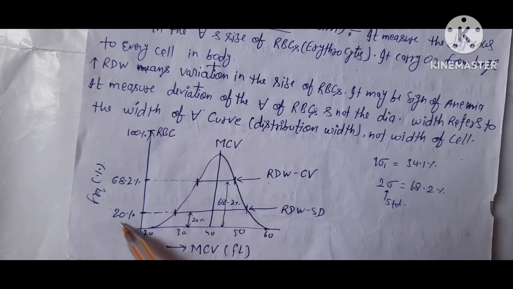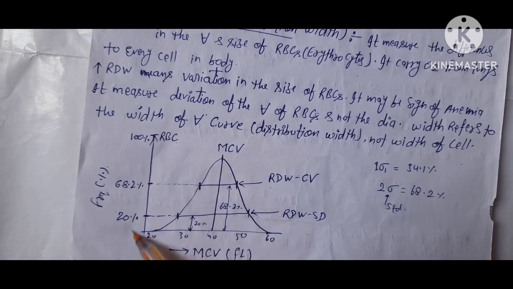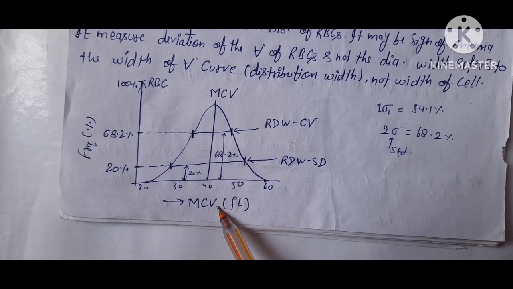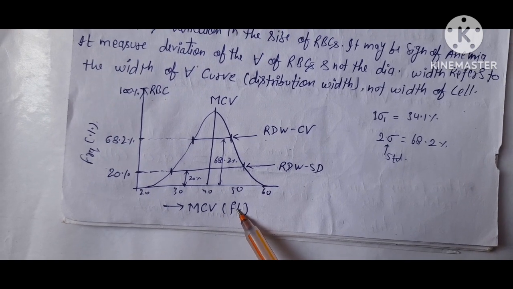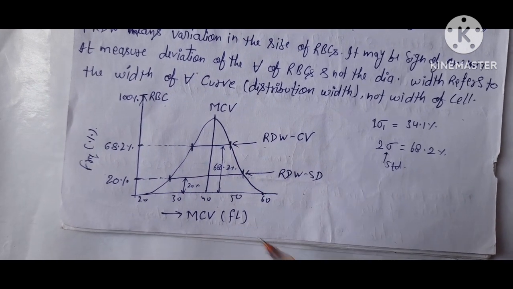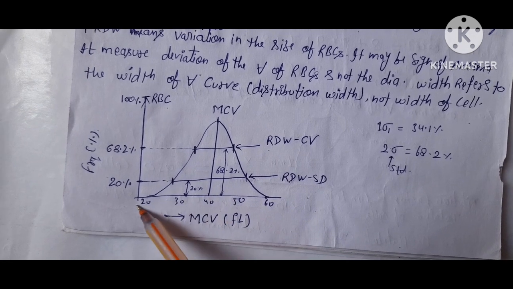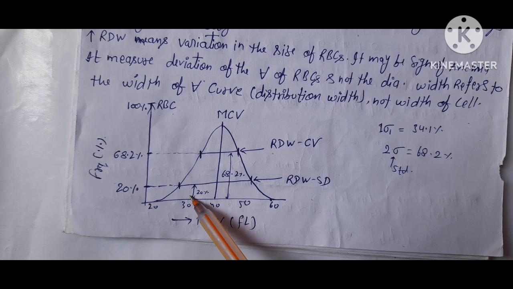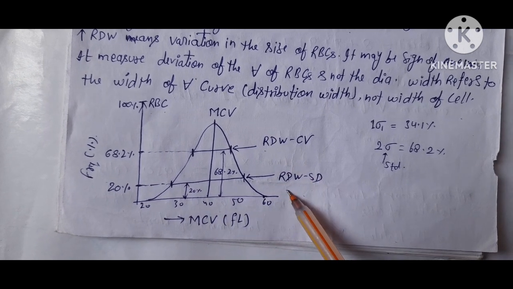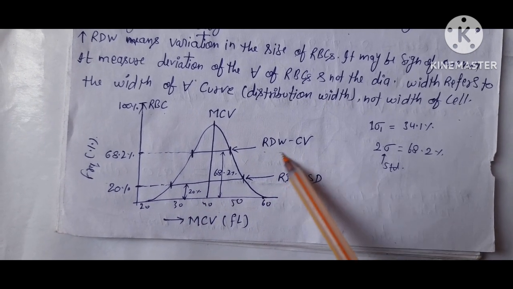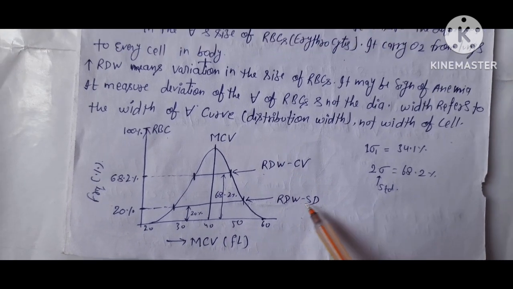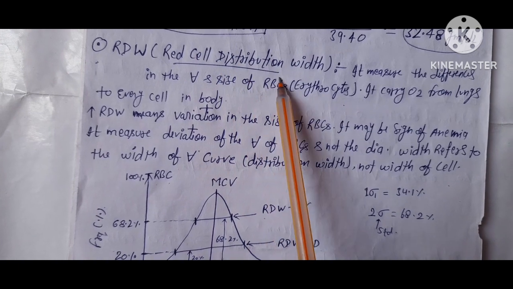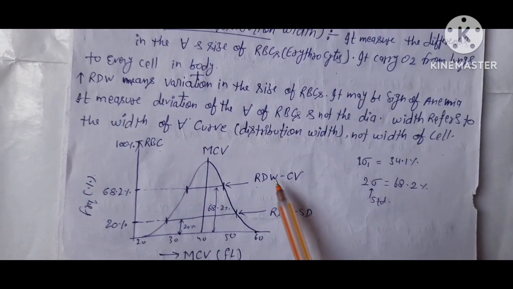This is the frequency in percentage of RBCs on the y-axis, and the x-axis shows MCV, measured in femtoliters. From the base, the width at 20% height above the base is known as RDWSD, red cell distribution width standard deviation.